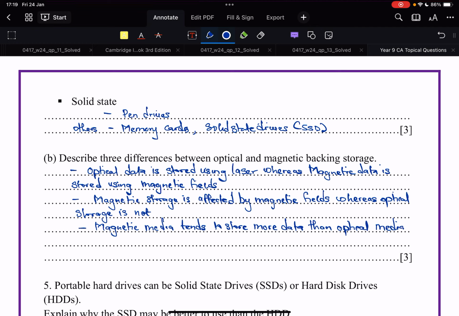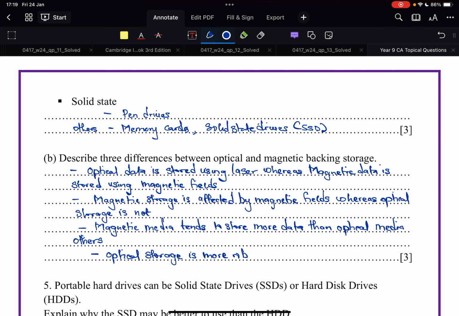So I've talked about 3 points already. Just to add to it, we could probably talk about others. We can see that optical storage is more robust.